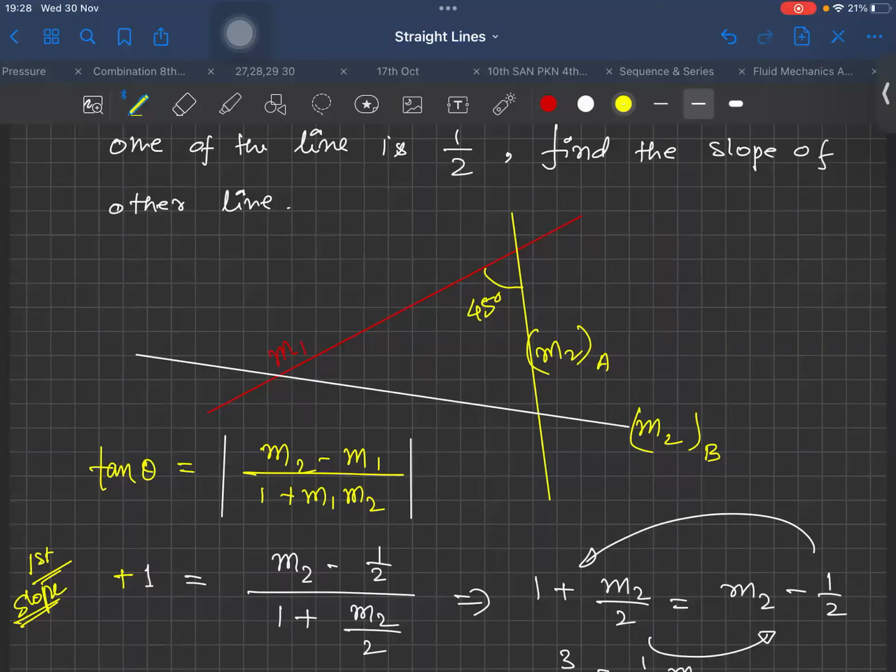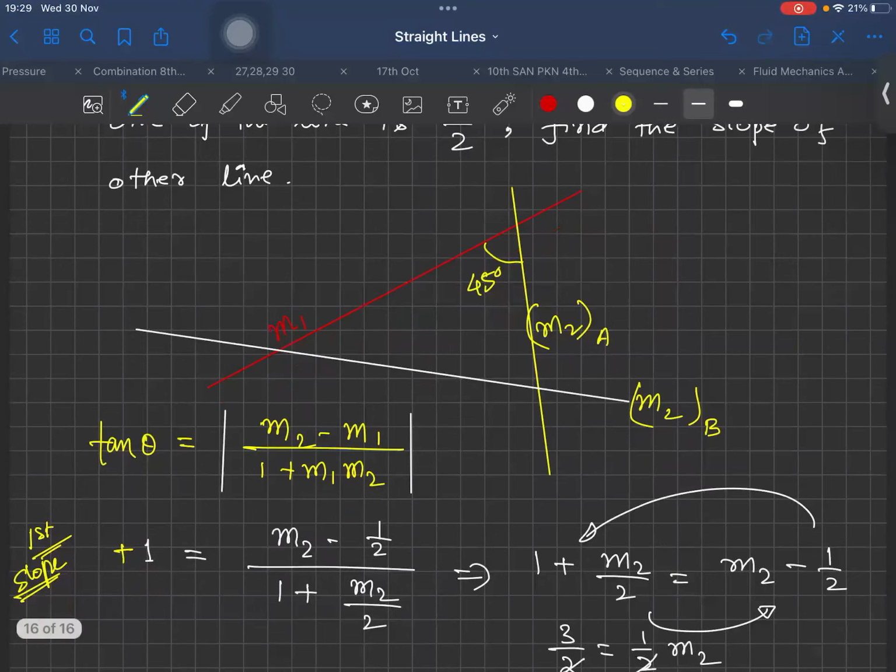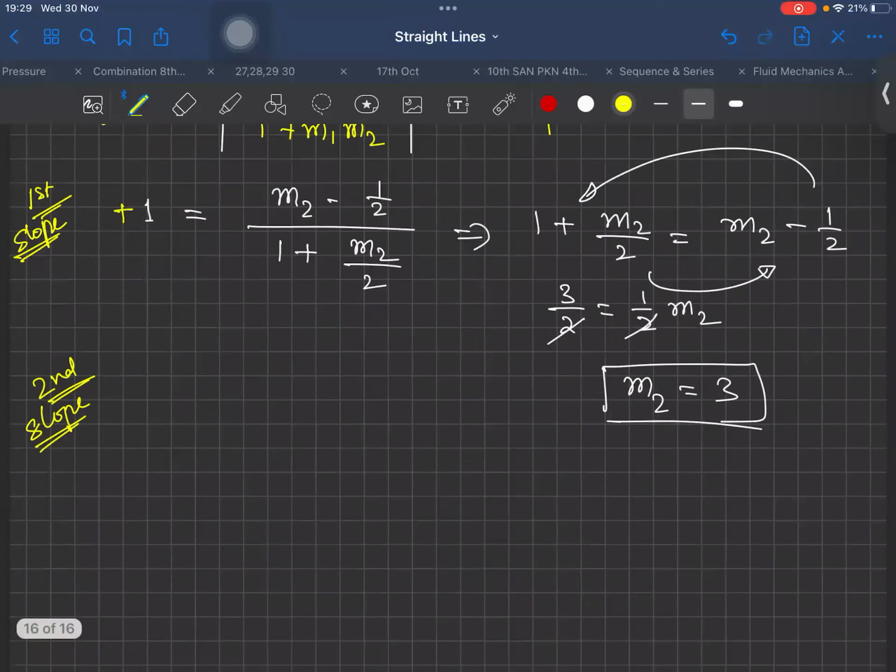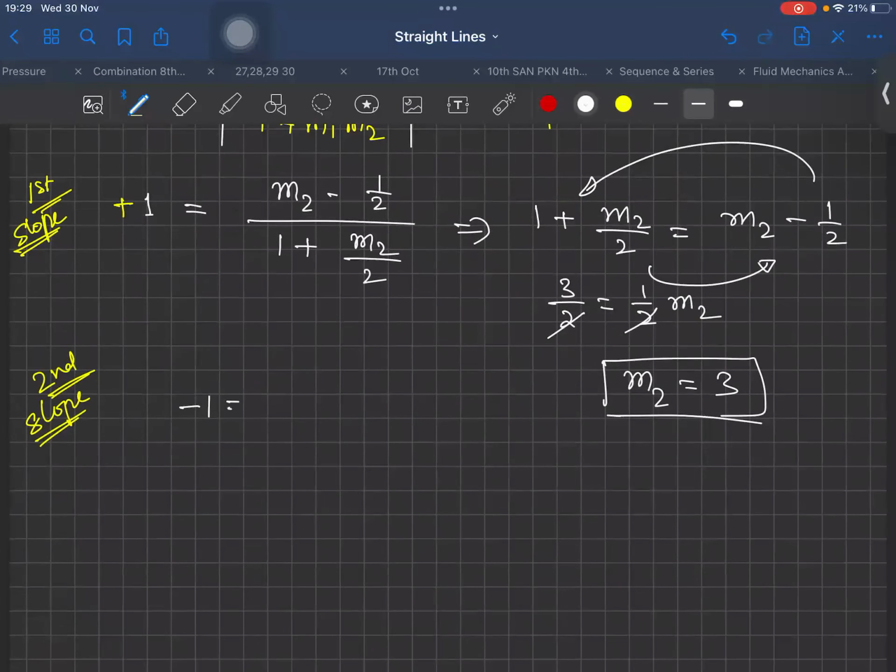Is there a confusion? See, this is also possible. This is also possible. We need to find both the possibilities. That's why we are using modulus function. Okay. So write down now. The next solution will be minus 1 is equal to M2 minus half upon 1 plus M2 upon half. Now solve it.